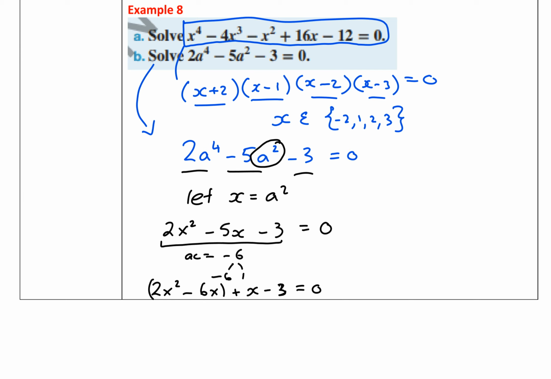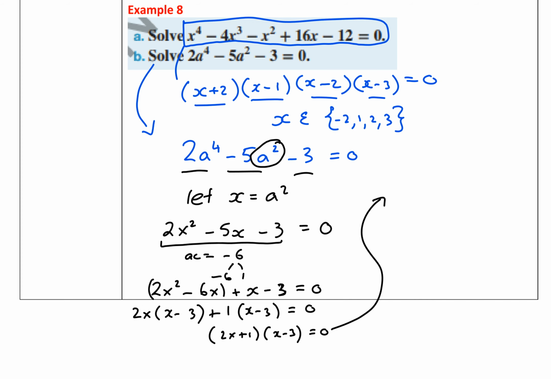Now I can factor that. And if I take 1 out as a common factor there, I can see I've got 2x plus 1, x minus 3 equals 0. And if I wanted to solve these, either x equals negative a half or x equals 3.